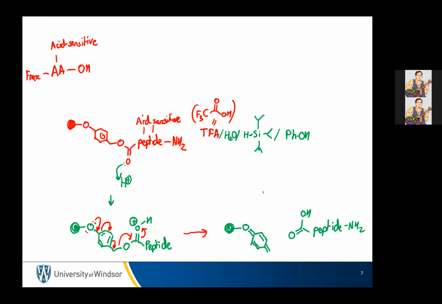And then this can then react with any of the nucleophiles that are present in solution. So maybe the water or phenol.